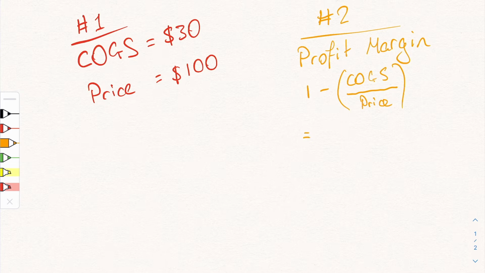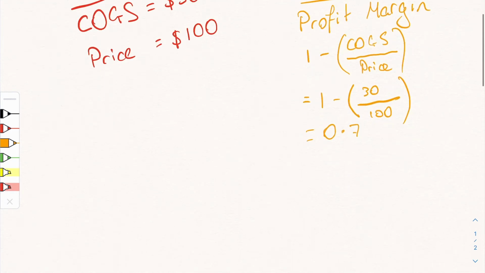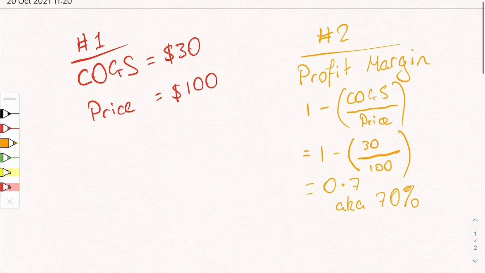So in my example, it's going to be 1 minus COGS is 30, price is 100, and that is going to be 70%, or 0.7, aka 70%. Okay, now we have the profit margin. Let's go ahead and go on to the third step.